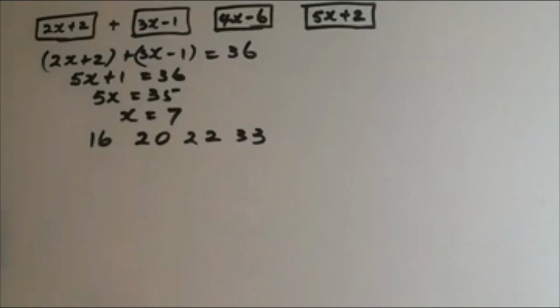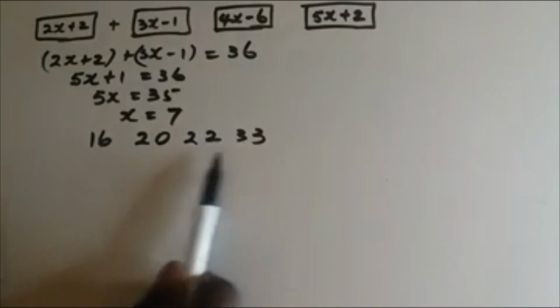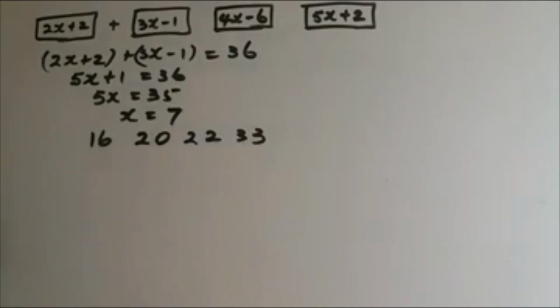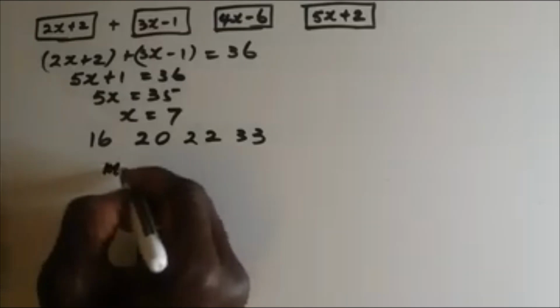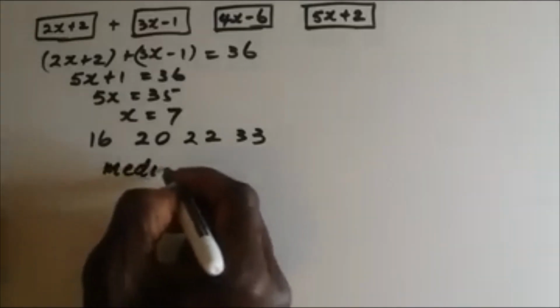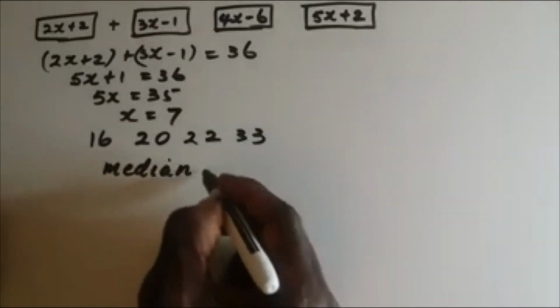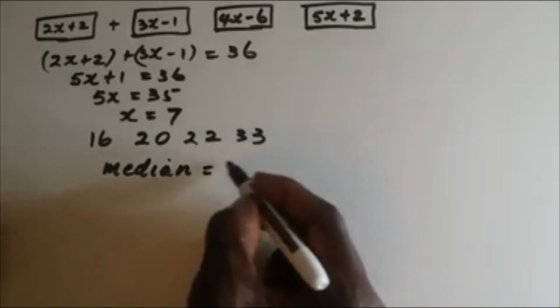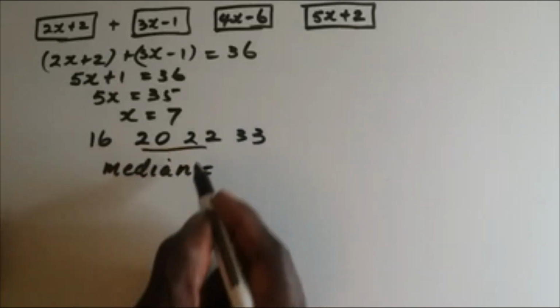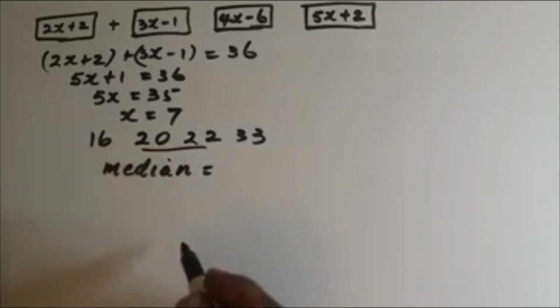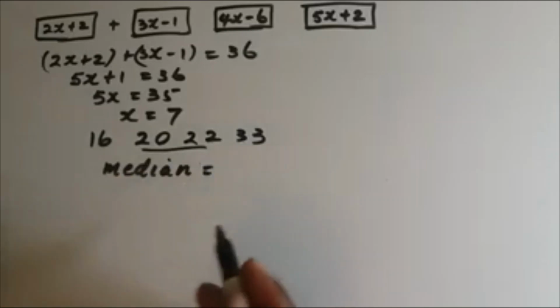Now the median is always the middle number, but we have an even number of items or data. So the median, when it's an even number of items, is the sum of the middle 2 divided by 2, which is the average of it.